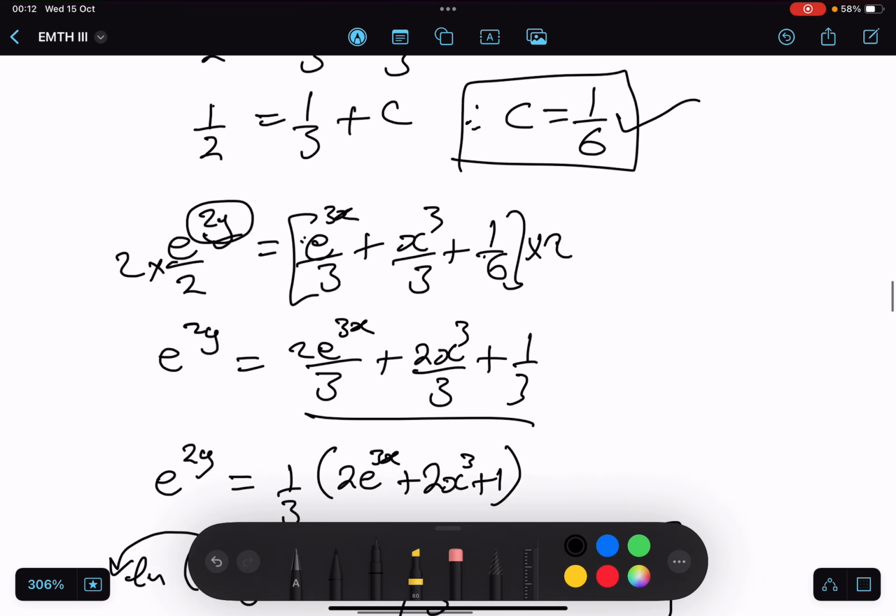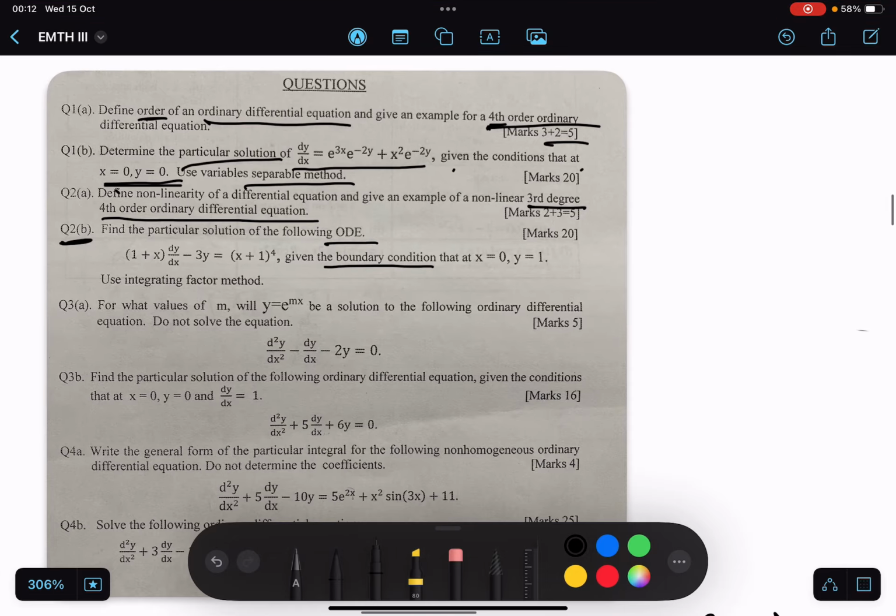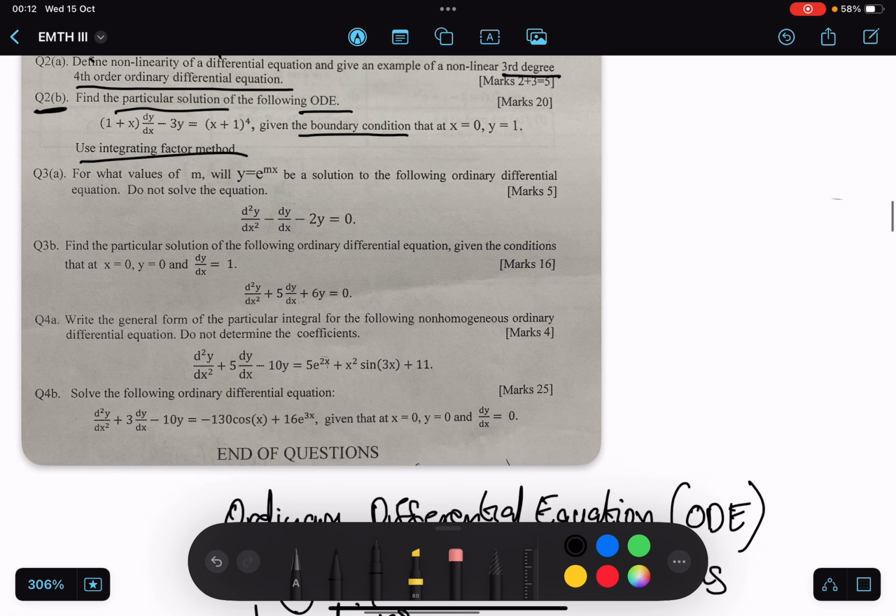This is our particular solution for question 2b. We were tasked to find the particular solution using the integrating factor. So we are going to do number 3.